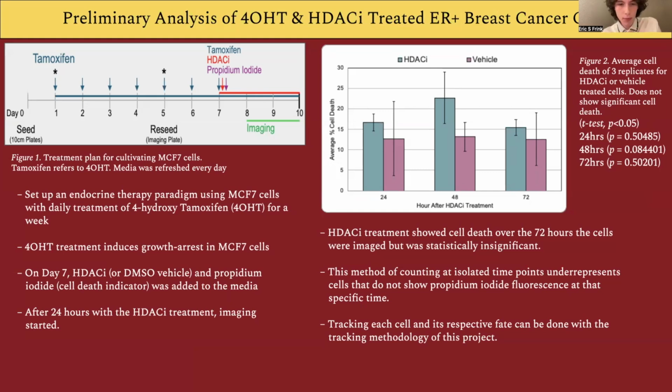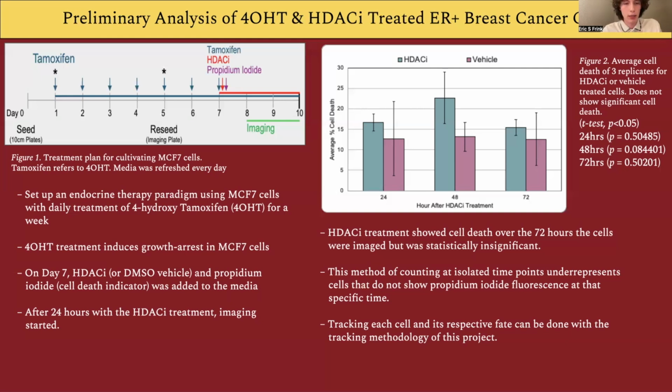And then on day 7, once the cells are properly arrested, the HDAC inhibitor can be added, or the vehicle, which in this case was DMSO. And then once 24 hours after this initial treatment is done, imaging can start.